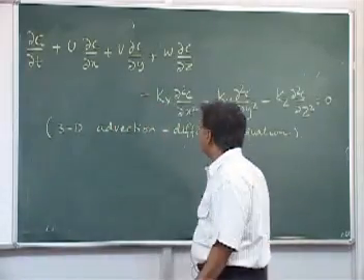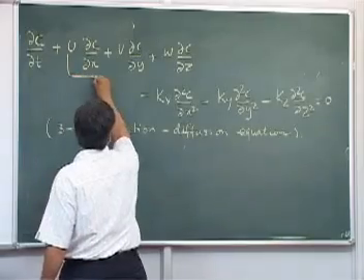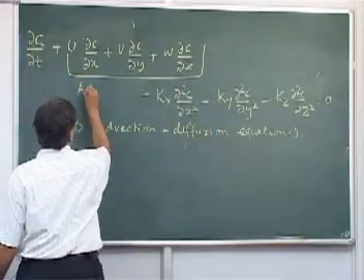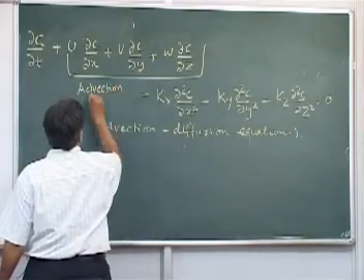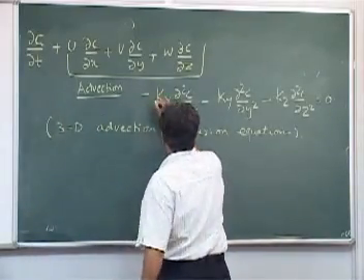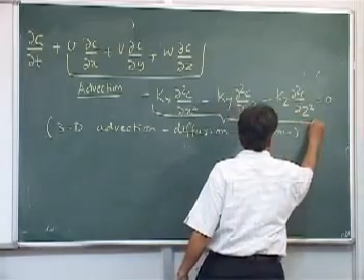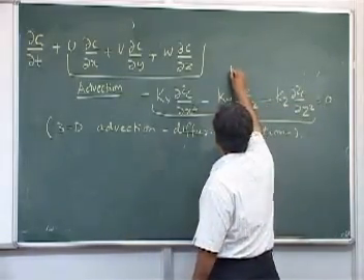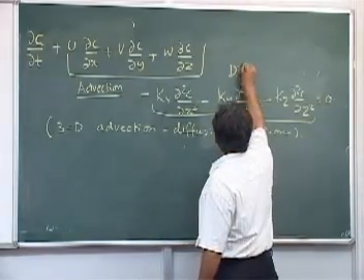And what you can do is, if you agree, I can write that these terms together are my advection term, which is causing advection transport, and this term I can write as diffusion or turbulent diffusion.